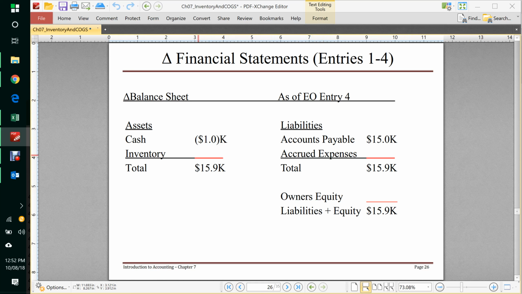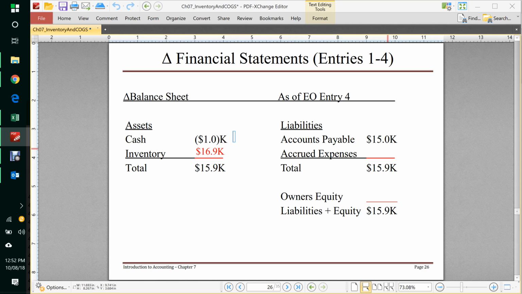Okay, so our inventory, as we know, if we added up everything in that 2-day period, was 16.9K. Cash went down by 1,000, right? Because we paid for the bay window with cash, okay? And that leaves us with a total of 15,900 change in assets in the period.